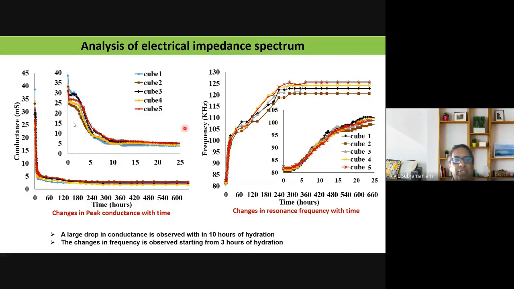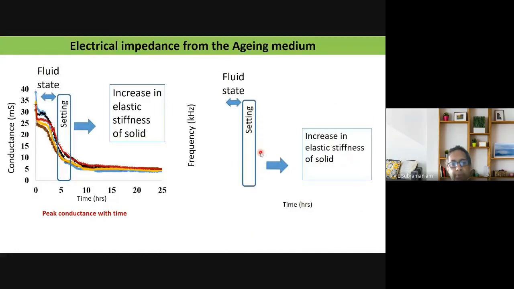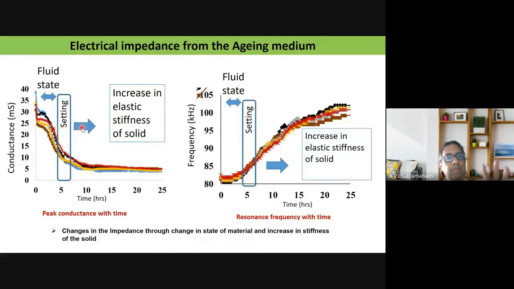So the insets show you what is happening in the early part. In the first 24 hours, this is the change that is recorded. Now, just to correlate things here, initially when I measure the conductance, we're talking about the amplitude that I measure. Initially, the concrete is in a fluid state, and then it goes through setting.